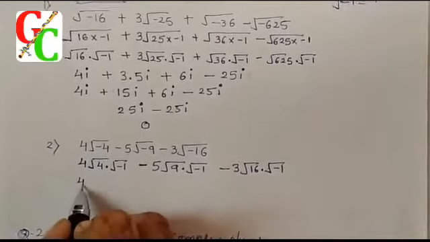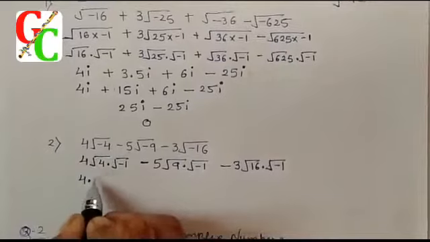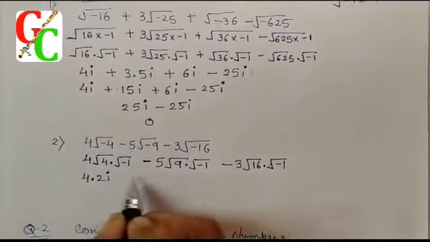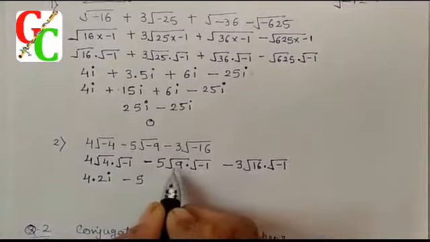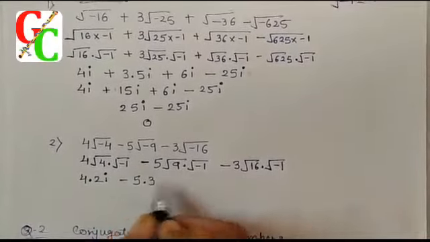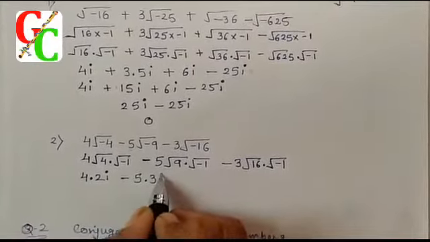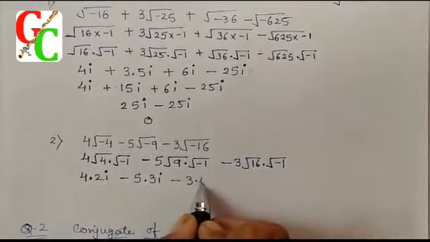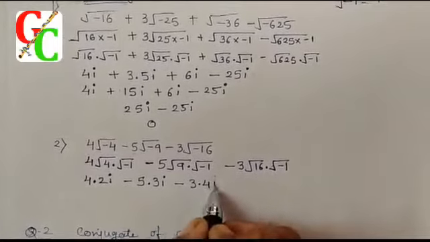Same way 4 into the square root of 4 is 2, square root of minus 1 is iota. Minus 5, the square root of 9 is 3, square root of minus 1 is iota. Minus 3, the square root of 16 is 4, and iota.